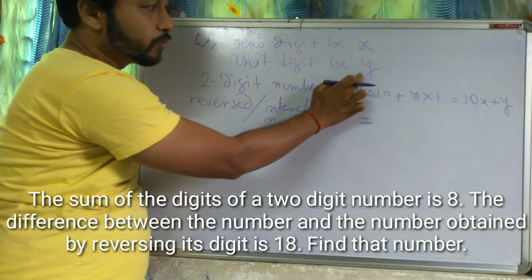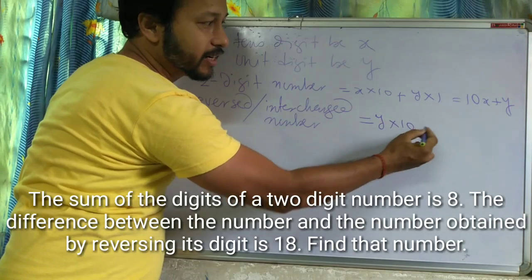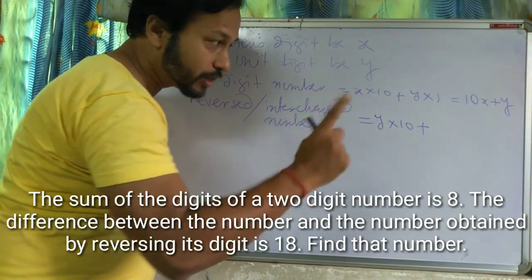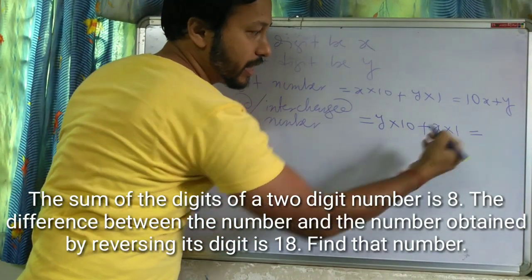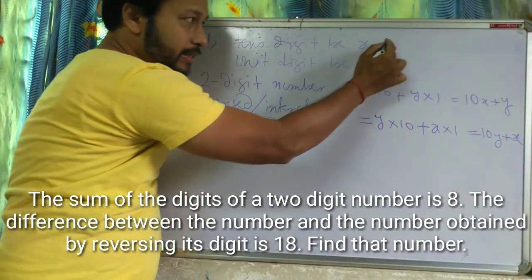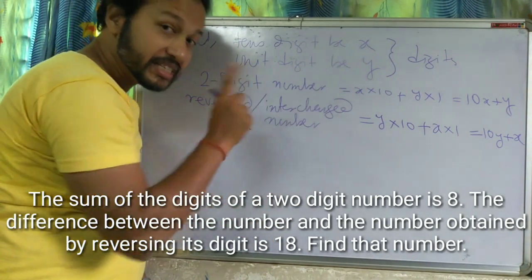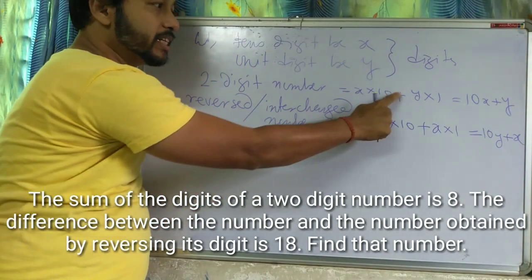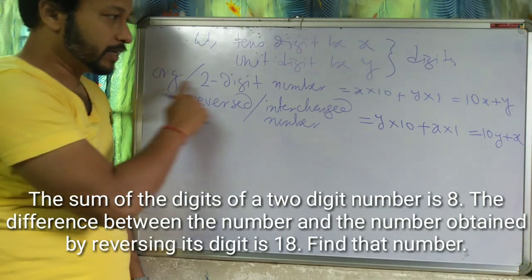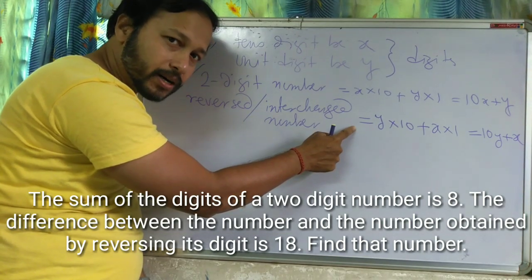Unit digit was y, now y is the tens digit, so y into 10 plus x. x was my tens digit, now x is the unit digit, x into 1, that is 10y plus x. So remember, these are my digits. This is my 2-digit number, that is the original number, and this is the reversed or interchanged number.